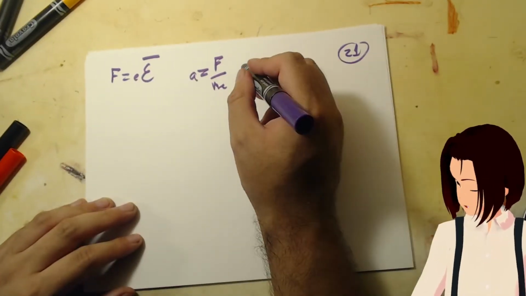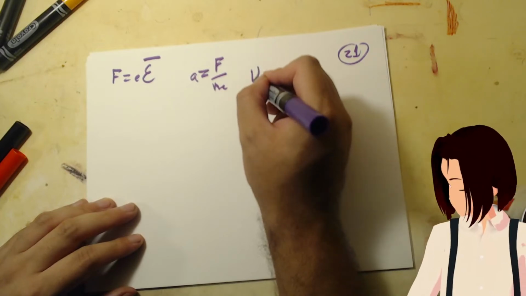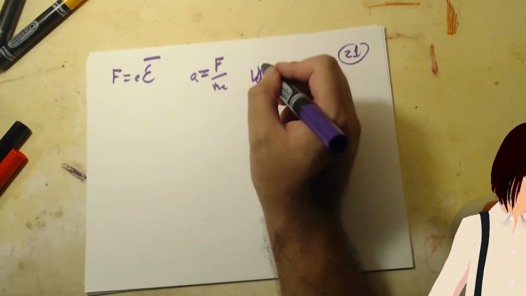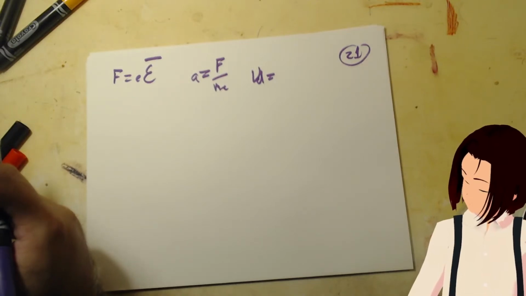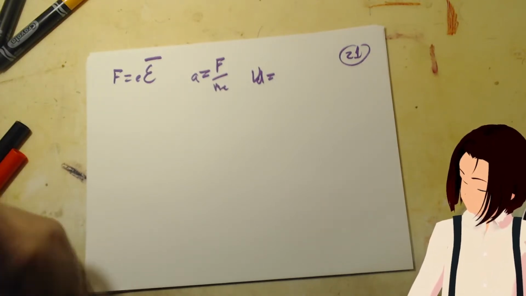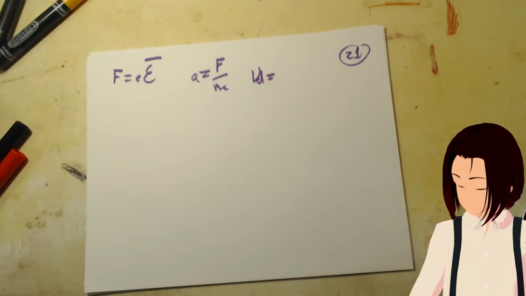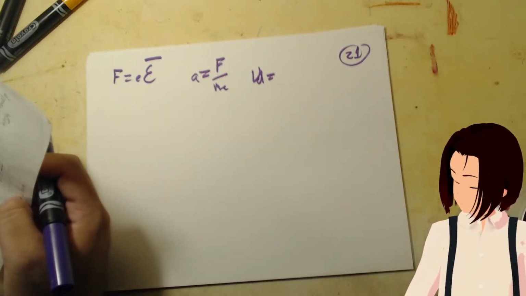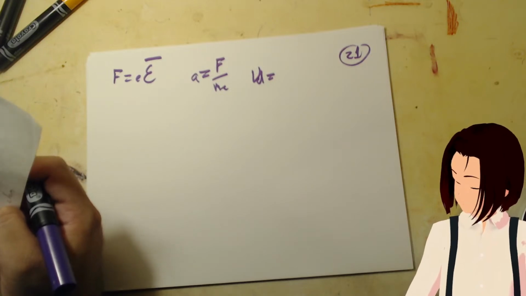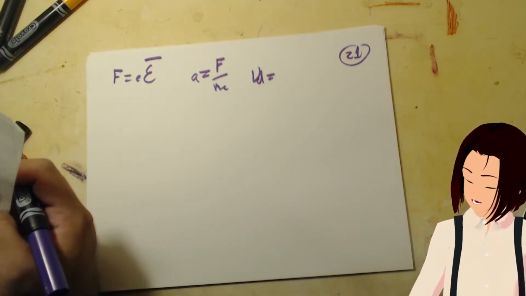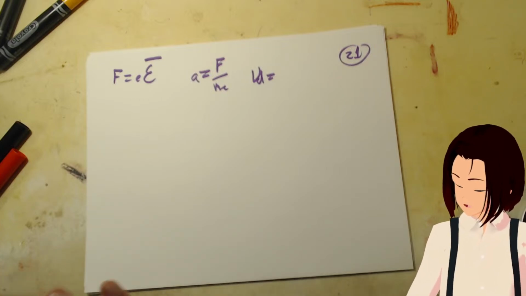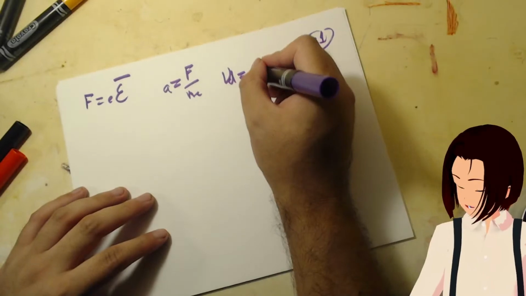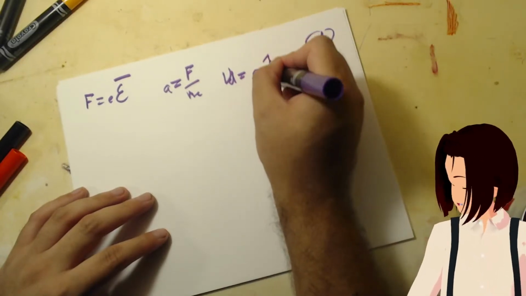And we know the drift velocity. The drift velocity of the electrons moving in the copper can be written as the acceleration times tau.